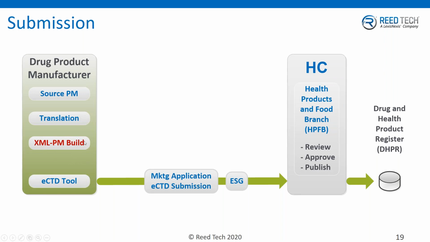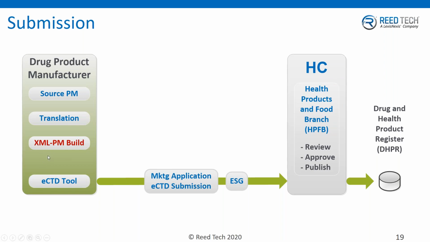What is new is being able to generate this XML product monograph document and being able to build that. So you never had to do that for this particular application to Health Canada.